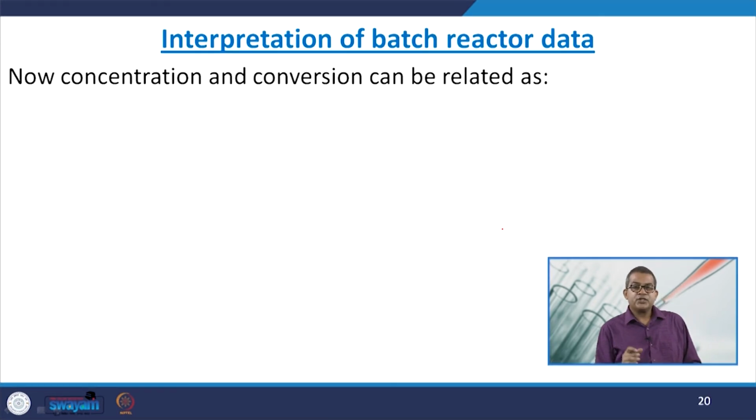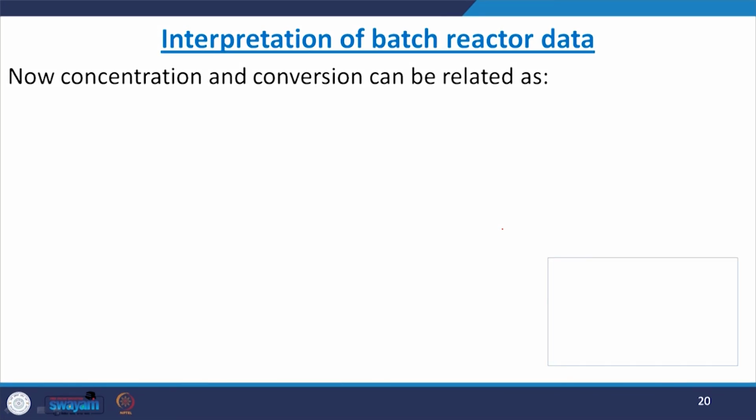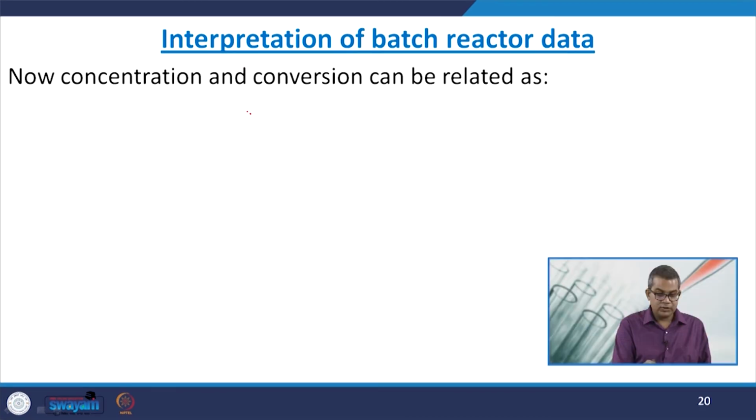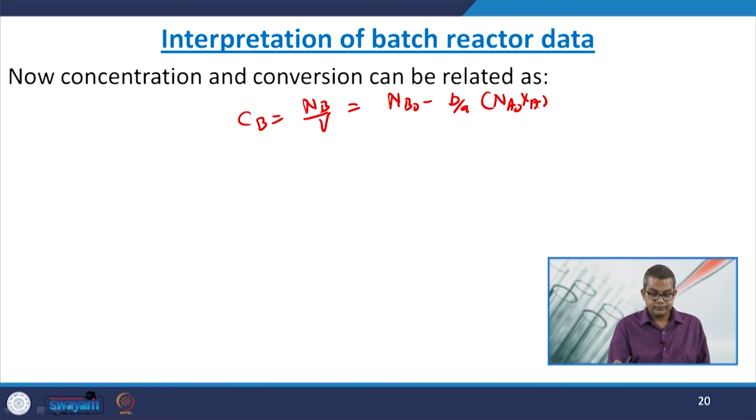Now, concentration and conversion, these two things are very important for reactor data. They can be related to each other through these equations. So, let us take this approach. Cb is equal to Nb upon V, Nb naught minus B upon A Na naught Xa, as V is equal to V naught.